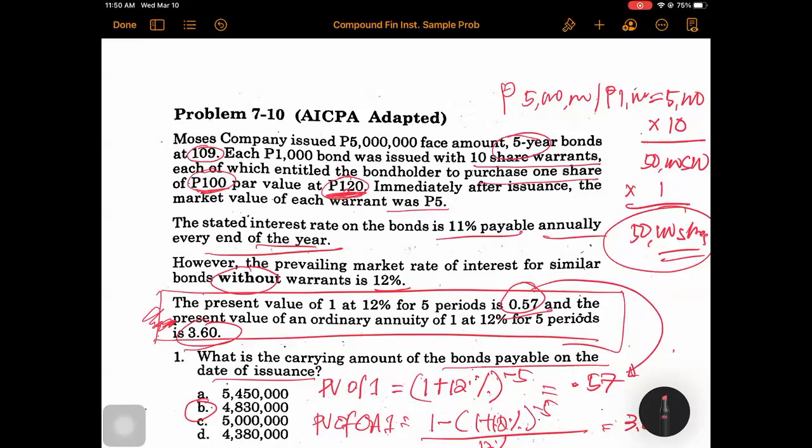Of course, since it is non-convertible, it is bonds payable issued with share warrants, with detachable share warrants. So this is not a convertible bonds payable. Instead, this is a bonds payable issued with share warrants.